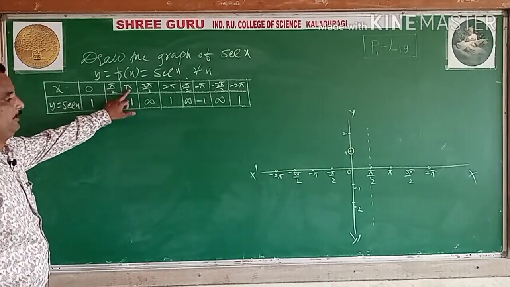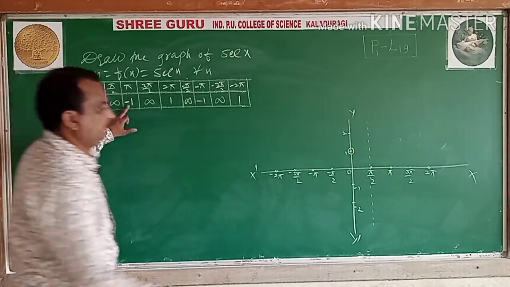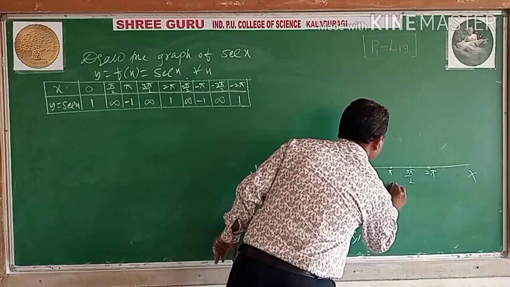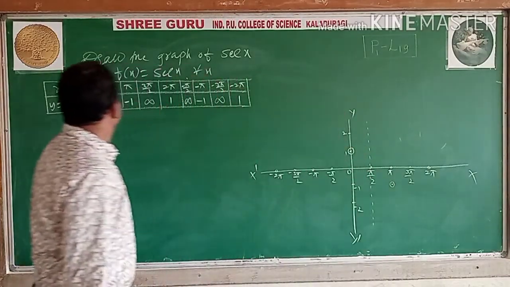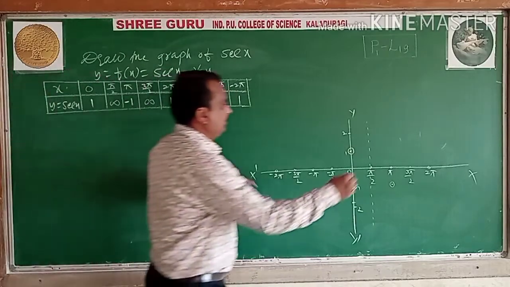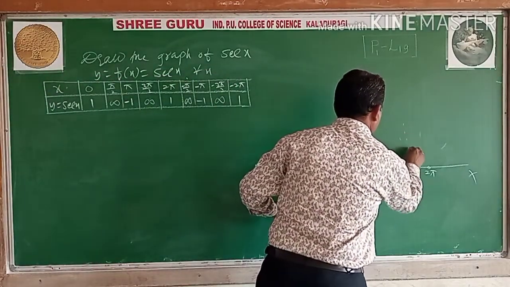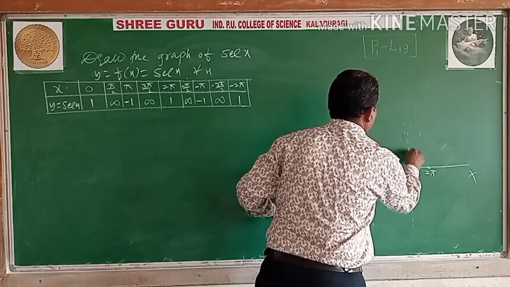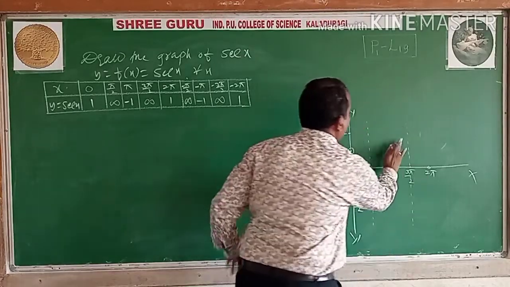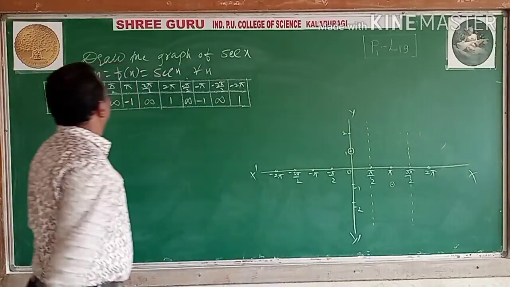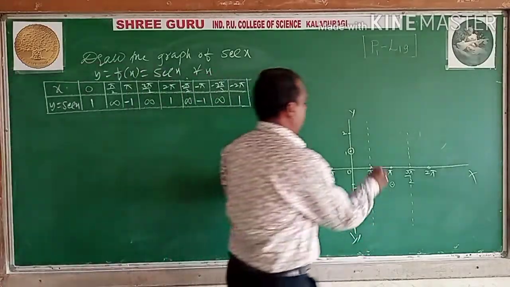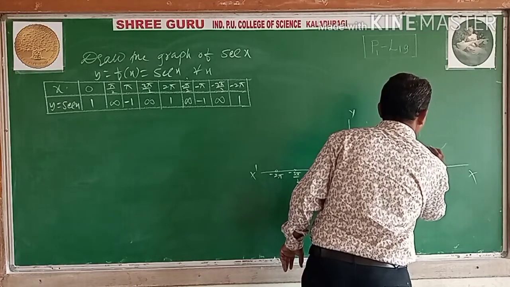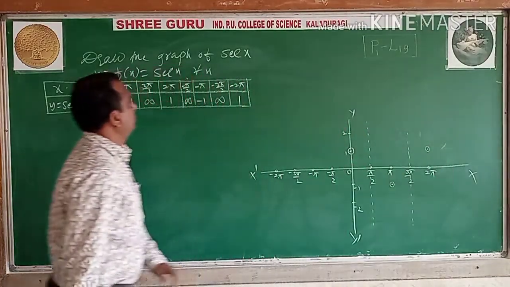When x is pi, minus 1 it is. Next, when x is 3 pi by 2, again infinity. When x is 2 pi, plus 1 it is.